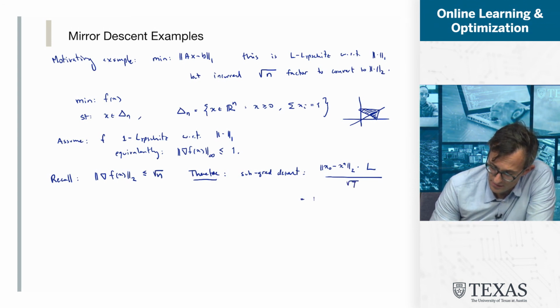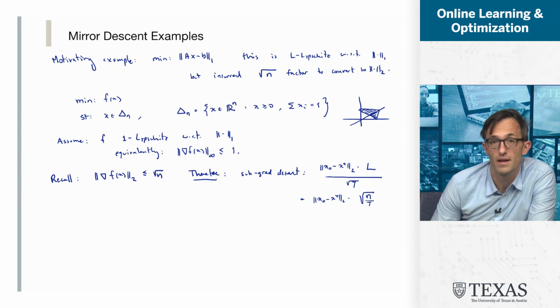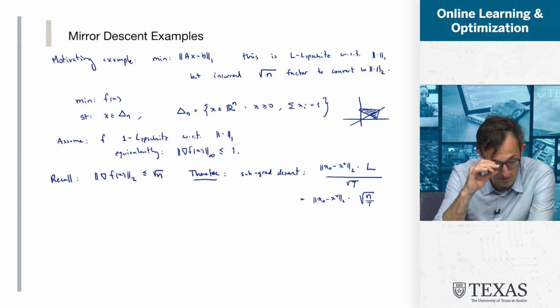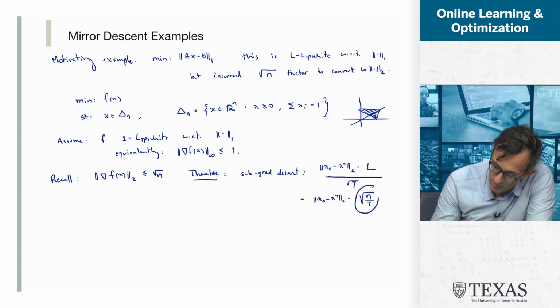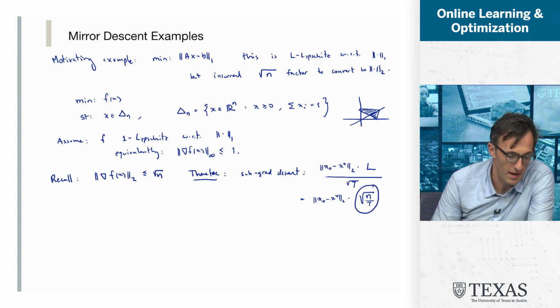So this looks like x0 minus x star times square root of n divided by square root of t. So pretty big. This is really what we're focusing on: how are we going to reduce this?